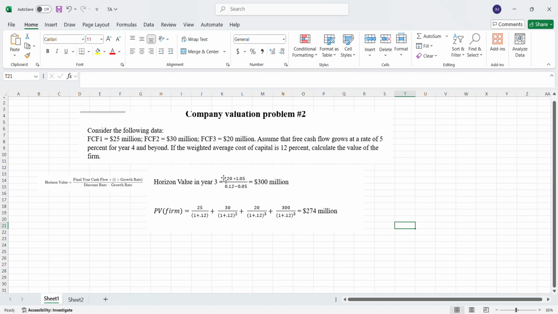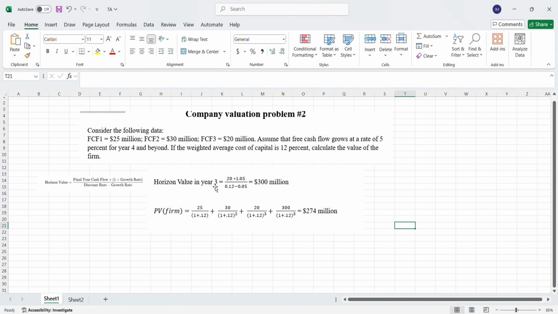At the end of the third year we have our value 20, and we multiply it by the growth rate, and we divide it by the discount rate minus the growth rate, and we get the horizon value in year 3, which is 300 million.